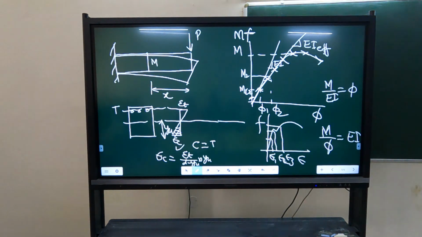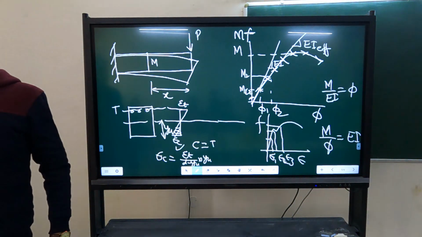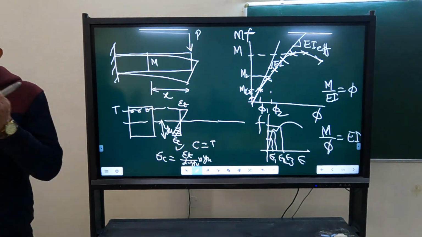Fixed values will be either at yield, when it achieves the value of 0.015, then you will say that concrete has yielded. When it reaches the value of 0.0035, then you will say that the cover concrete has fallen. When it reaches the value of epsilon cu in the core, then you will say that the concrete has got crushed.